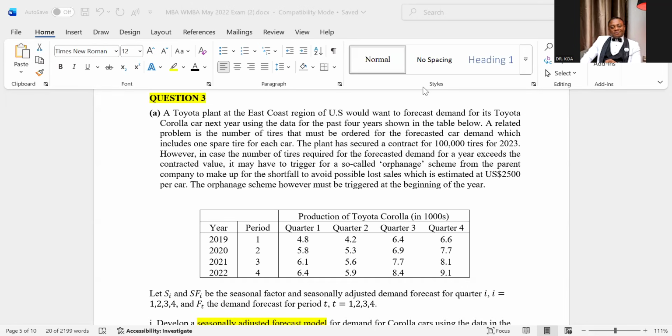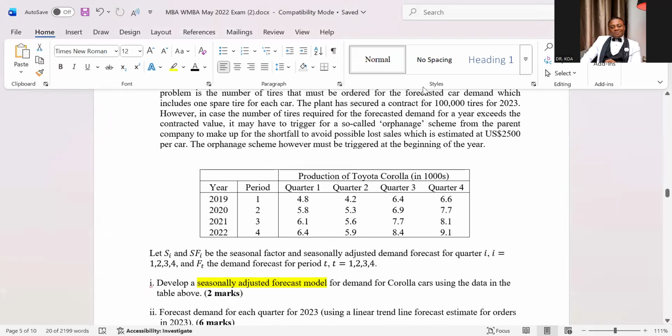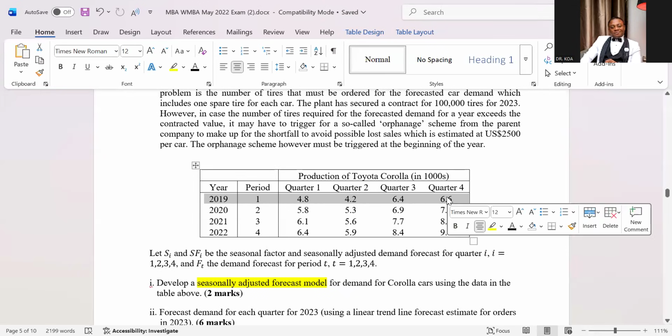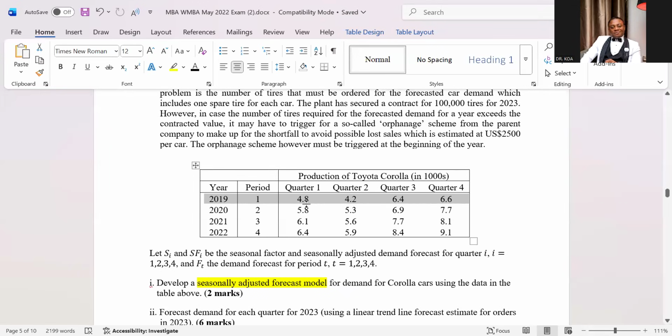So we have the quarterly demand for Toyota. The quarterly demand are vertical. So every year, for example, in 2019, the first quarter of 2019, 4,800 Toyota Corolla cars were produced by this organization.